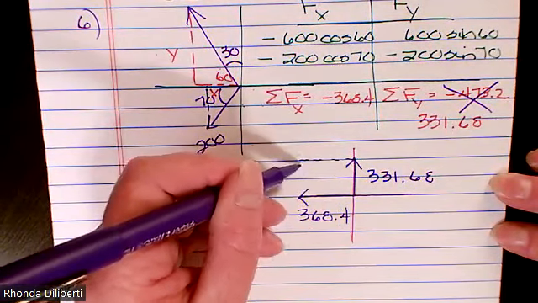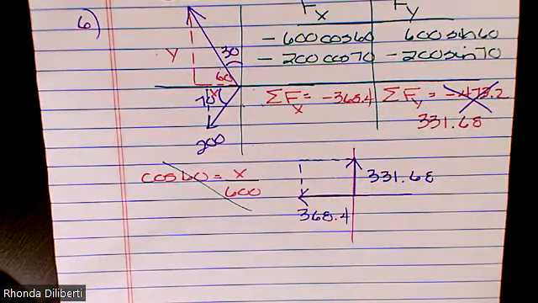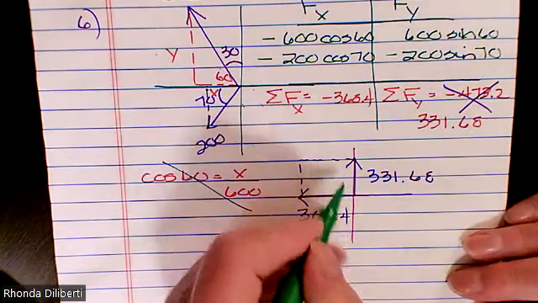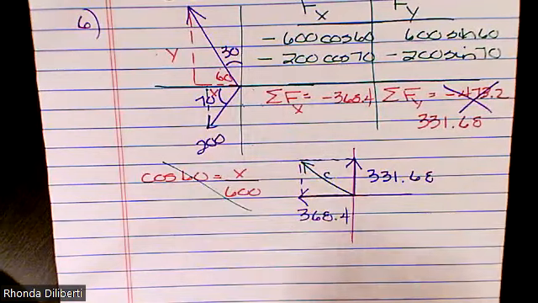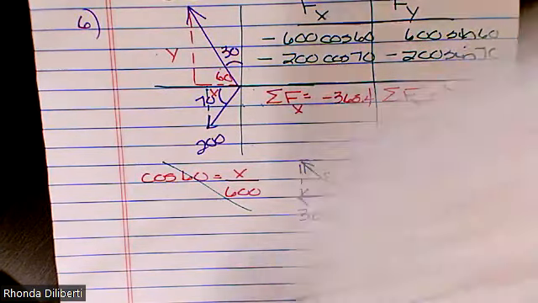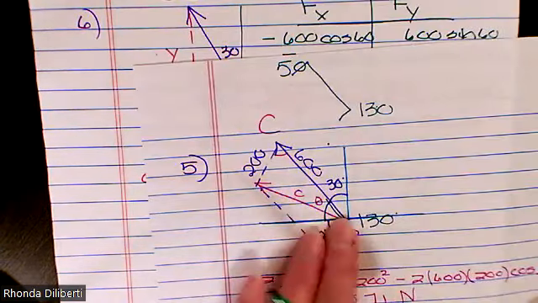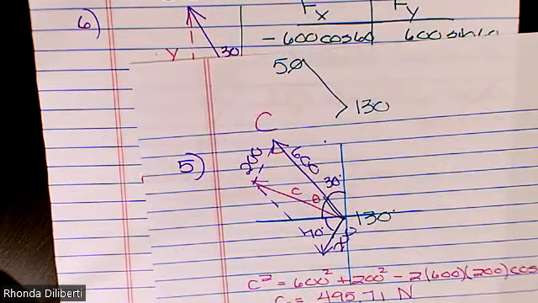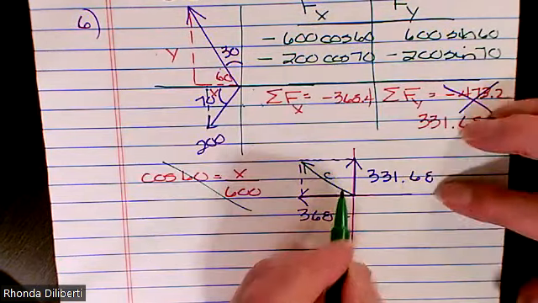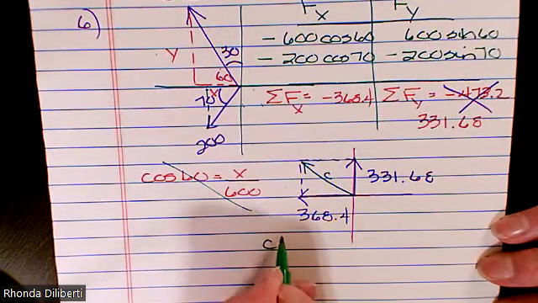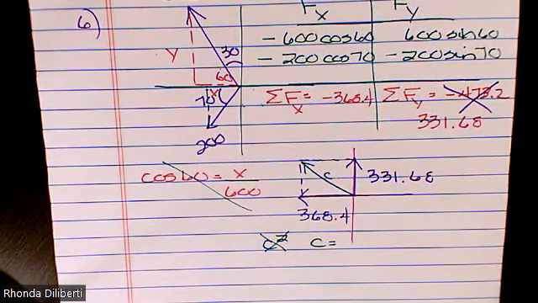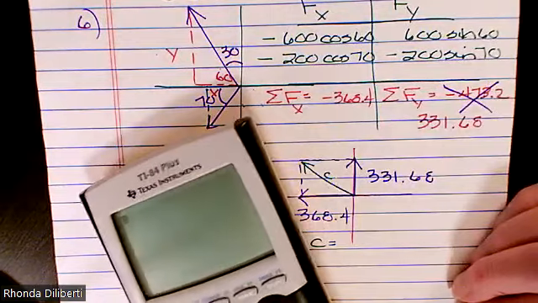And so now this is where the chair is going to go, so I'm going to call that C. And it should be going in the same spot it did for number 5, which is how I knew I made a mistake someplace. All right, but this time I have a right triangle. So I'm just going to use A squared plus B squared equals C squared, and we're going to number crunch that and get C.